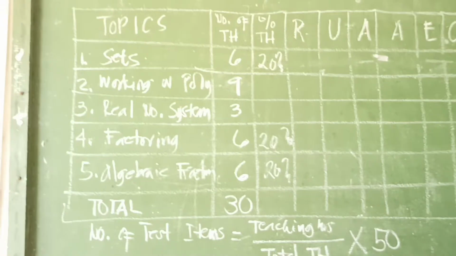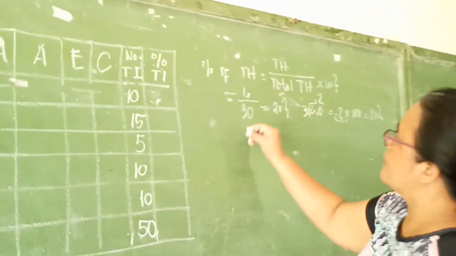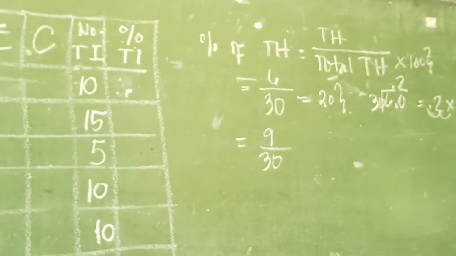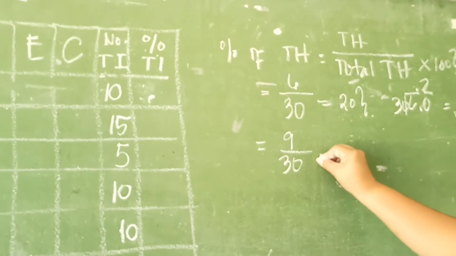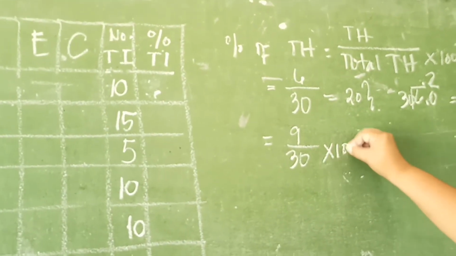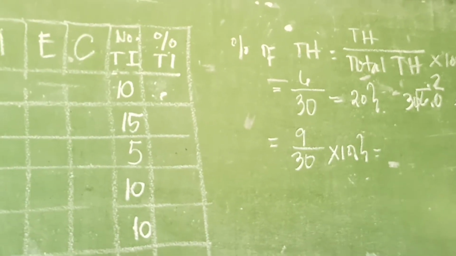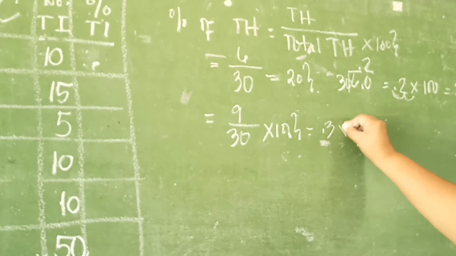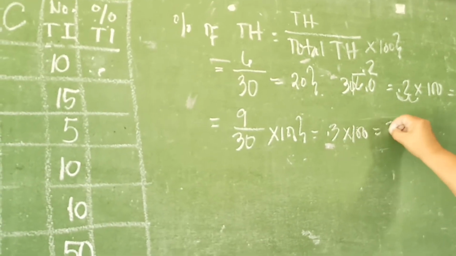You solve now for your 9. So you have there 9 teaching hours divided by 30, which is the total teaching hours, times 100%. So this will become 0.3 times 100, a total of 30%.